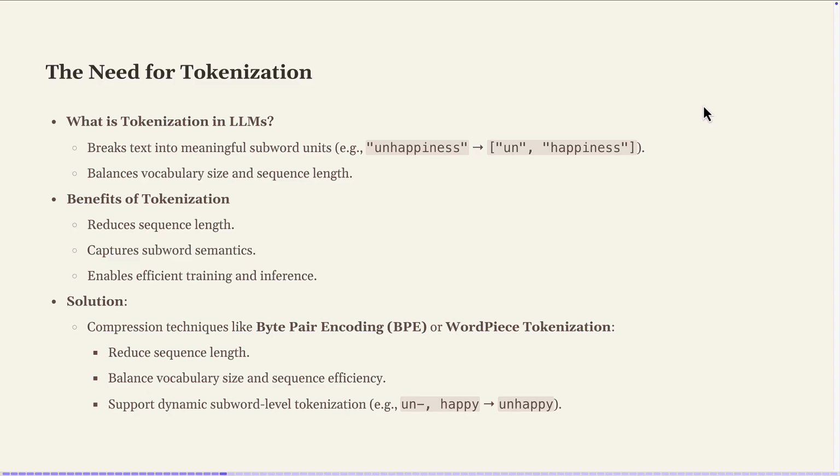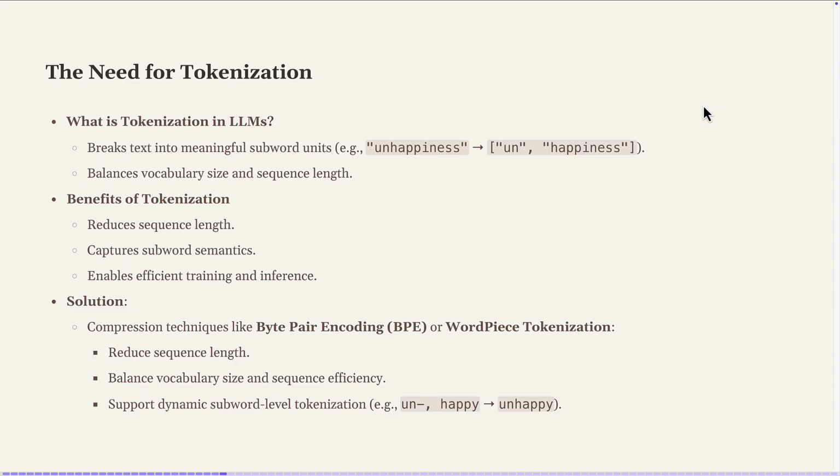So it's clear that we need a proper mechanism for tokenization that yields better performance in large language models, because we need to break the text into meaningful subword units. The LLM needs to understand that there is a kind of morphological relationship between the characters in a certain word, so I can decompose it in this way.